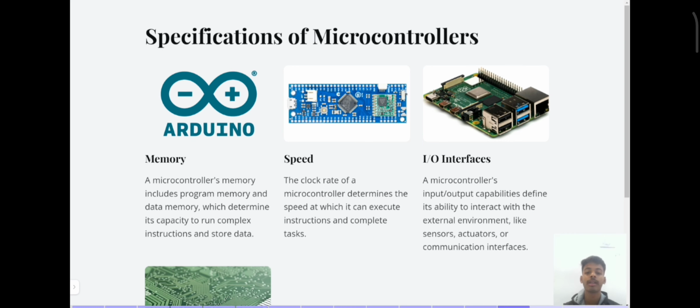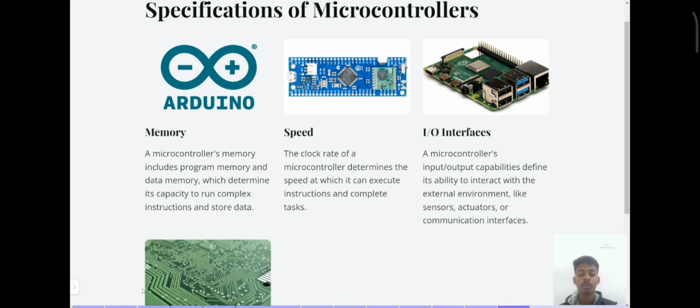Specifications are the features of microcontrollers. Memory. A microcontroller's memory includes program memory and data memory, which determine its capacity to run complex instructions and store data. Speed. The clock rate of a microcontroller determines the speed at which it can execute instructions and complete tasks. Input-output interfaces.